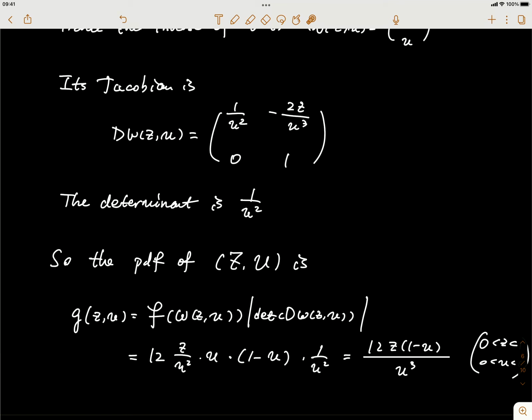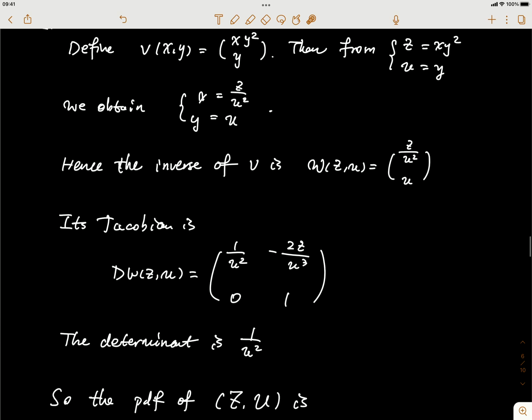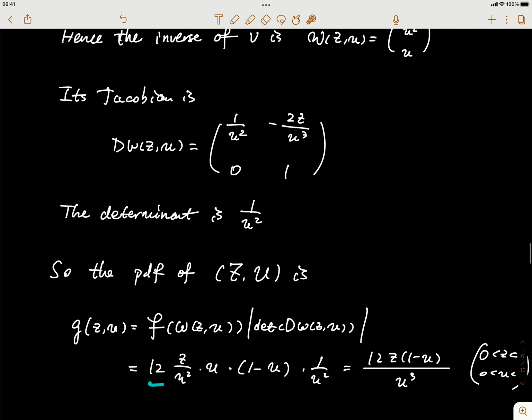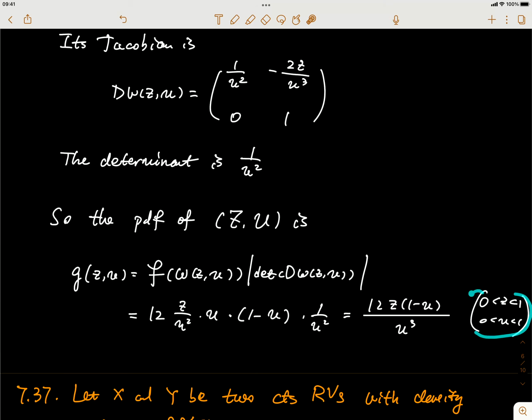So f is 12xy(1 minus y): 12, this is the x, this is the y, this is the 1 minus y. And the determinant is just 1 over U squared, which has to be positive. Combining all of them together, that's how we got the joint PDF of Z and U, and Z and U have to be between 0 and 1, right here.